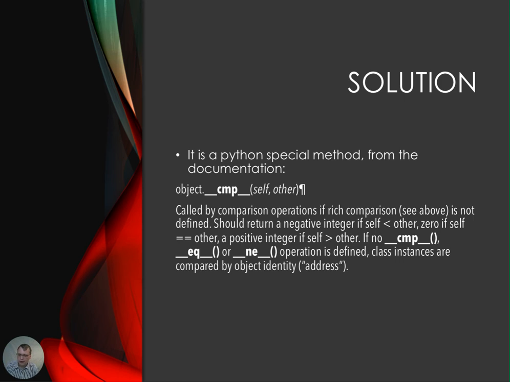So it allows us to implement some code that will be run when the developer uses the less than, equals, or greater than comparisons for our code. So it was needed here to allow 2 3-digit palindromes to be compared to each other.